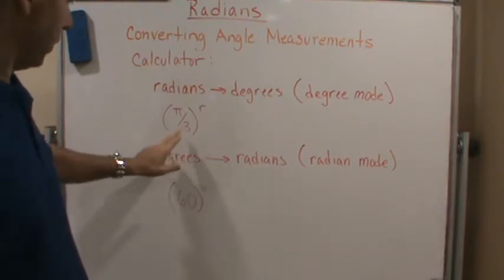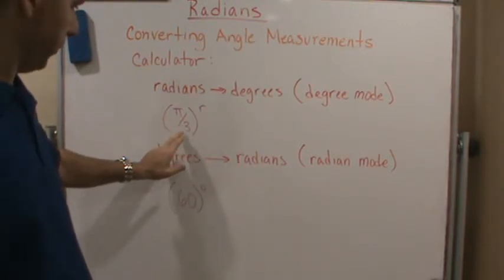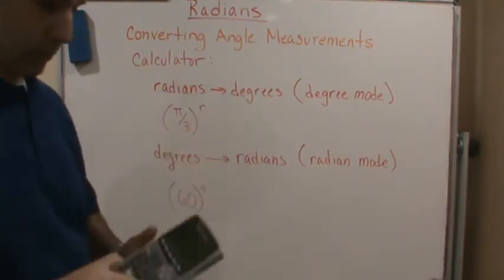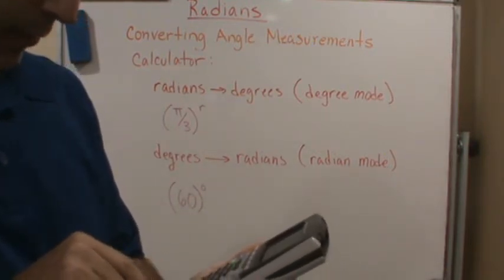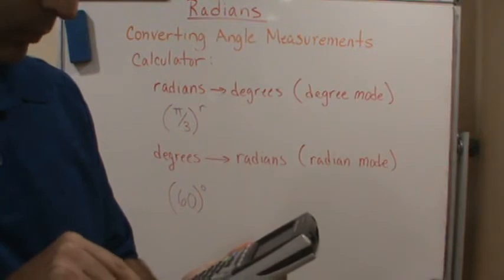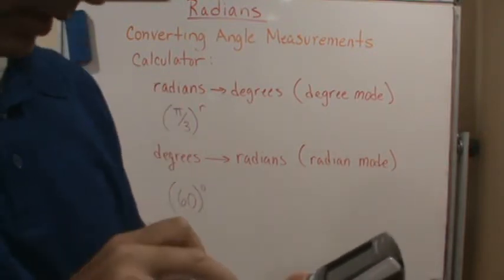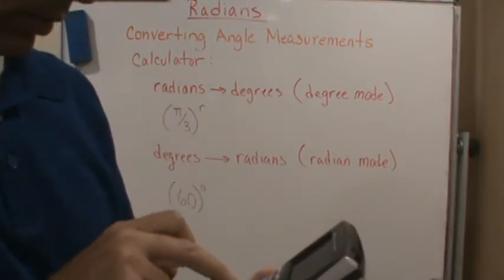So now I'm going to put pi over 3, so pi divided by 3, and I'm going to put radians. Oops, wrong way.